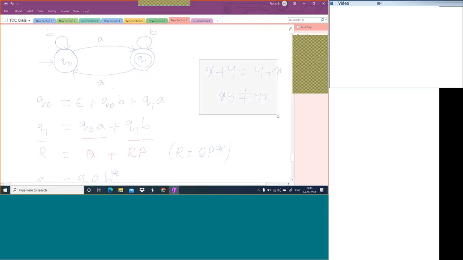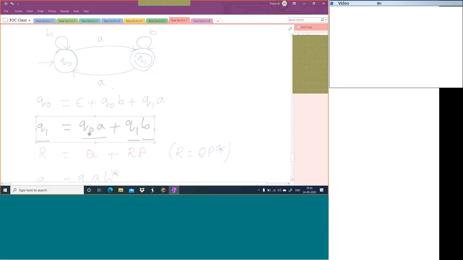Generally, if I want to write x plus y plus z, anyone will write x plus y plus z only, but no one will write z plus x plus y, or x plus z plus y. So we write the expressions in order. Whenever you are writing the equations, better you write in order.